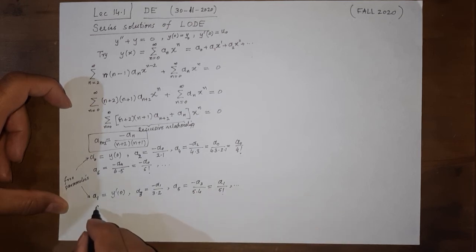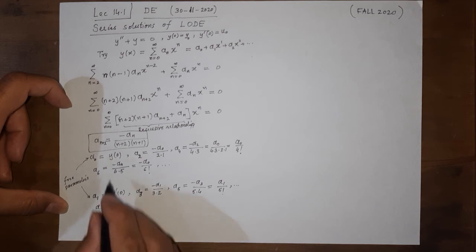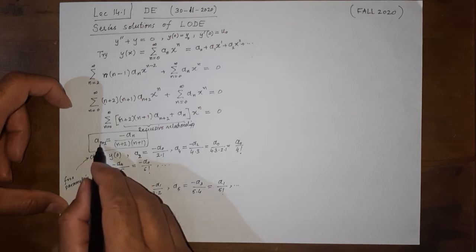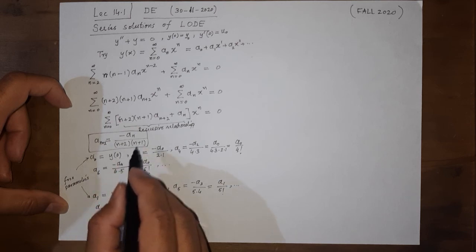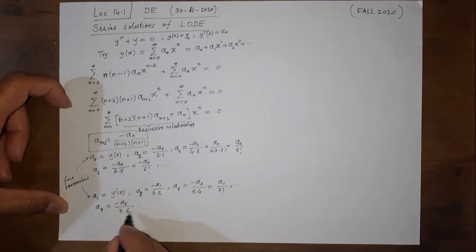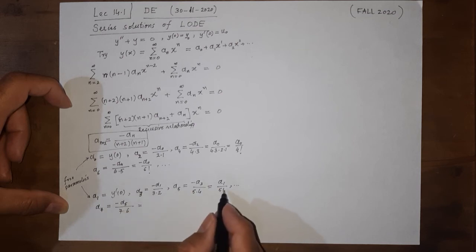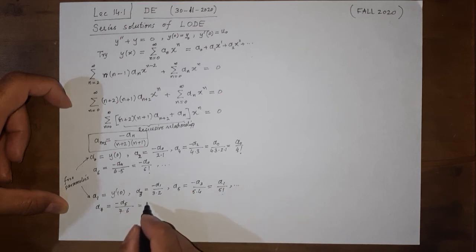Or let us find a7. a7 would be equal to, using this recursive relationship, for n equal to 5, minus a5 over 7 into 6, and a5 itself is a1 over 5 factorial, so we have a1 here, so minus a1 over 7 factorial.